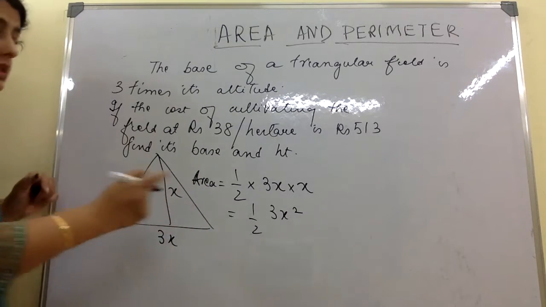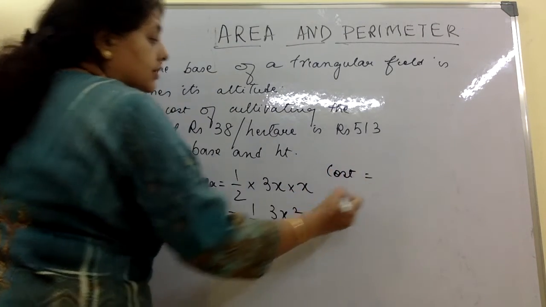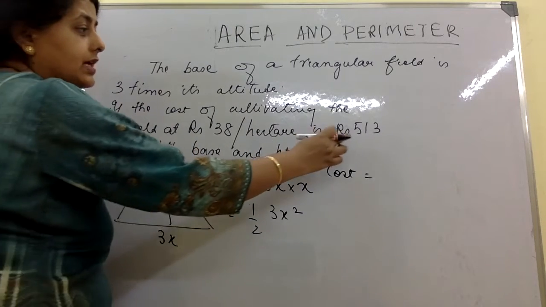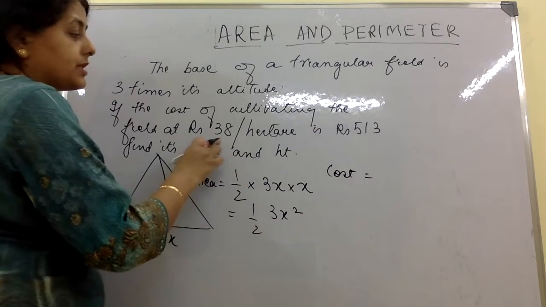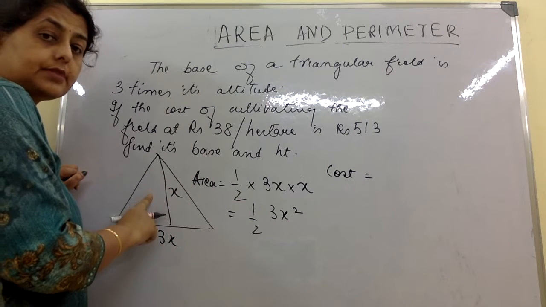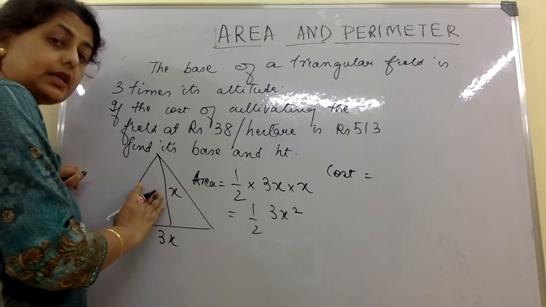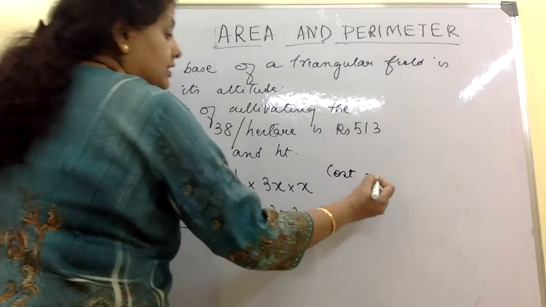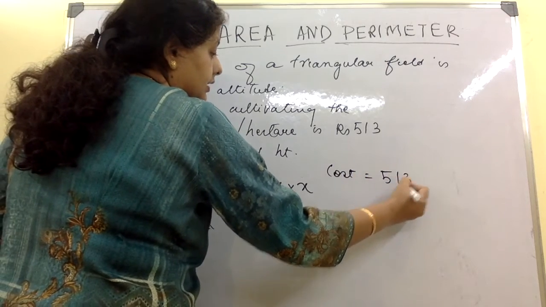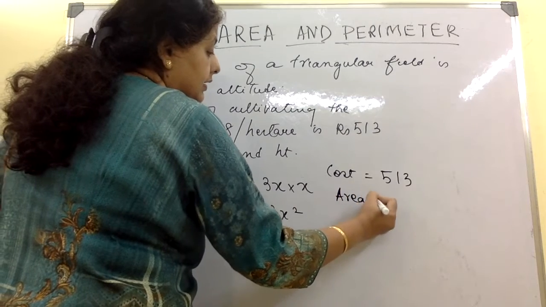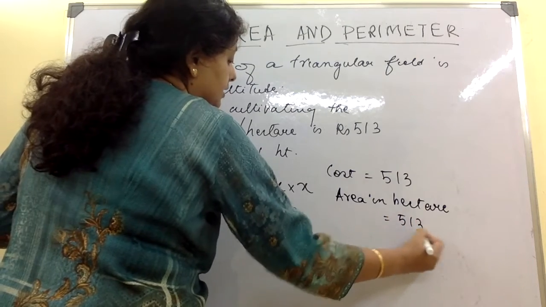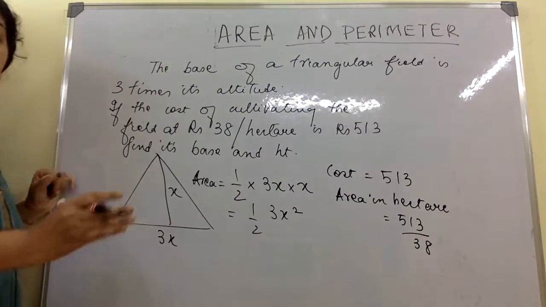Now, if I divide 513 by rupees 38, I will get the number of hectares this triangle has in its area. So the cost is 513, and the area in hectares is going to be 513 by 38. What I got now is the number of hectares.